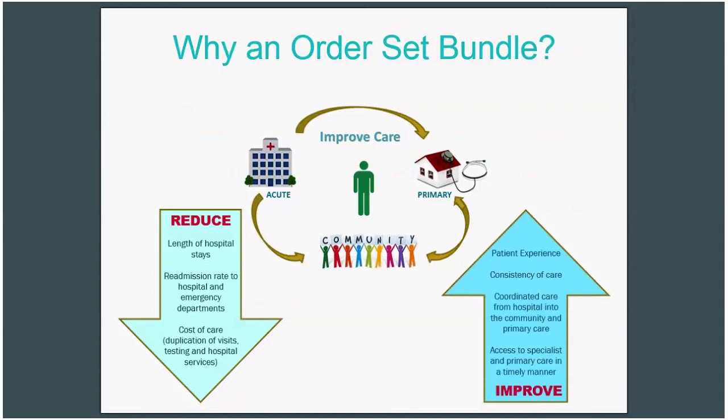That's our biggest goal. All of that translates into decreased costs to the system and quality for the patient. On the other side, it improves patient experience, consistency of care, continuing coordinated care from hospital to community and primary care, and of course timely access to specialists in primary care.